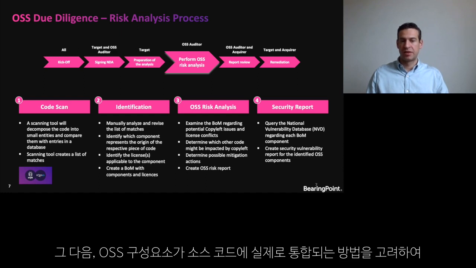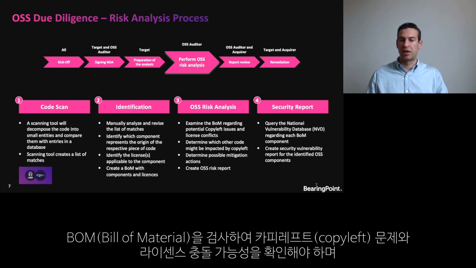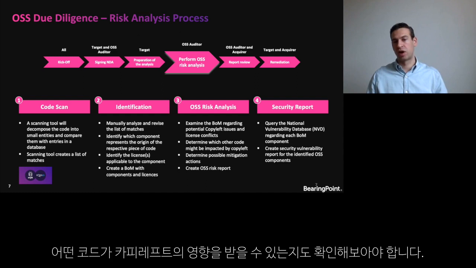After that, the bill of materials has to be examined for potential copyleft issues and for license conflicts. And also it has to be checked which other code might be impacted by copyleft, by taking into account how the OSS component is actually integrated into the source code.